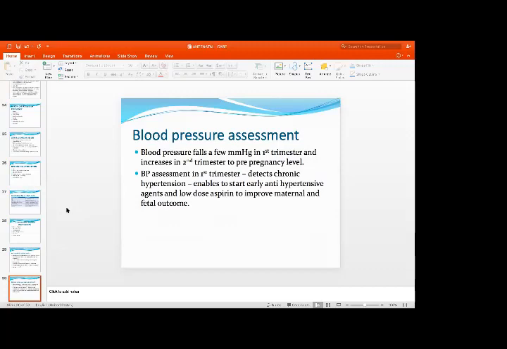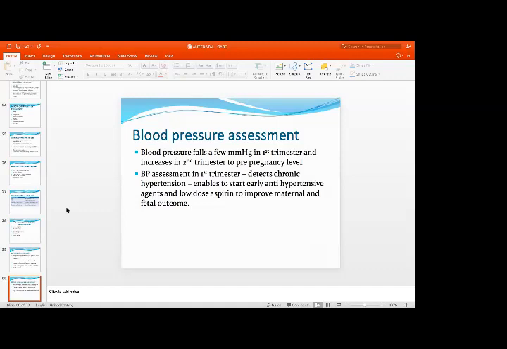In the second trimester, the blood pressure rises again to the pre-pregnancy level. So if she has high blood pressure in the first trimester, it shows that she has chronic hypertension. This hypertension was present before the pregnancy and was undetected.